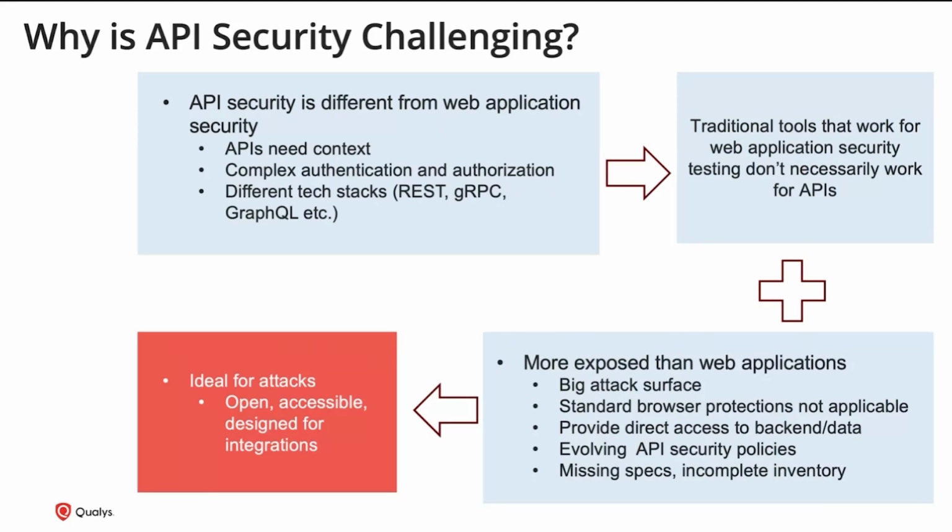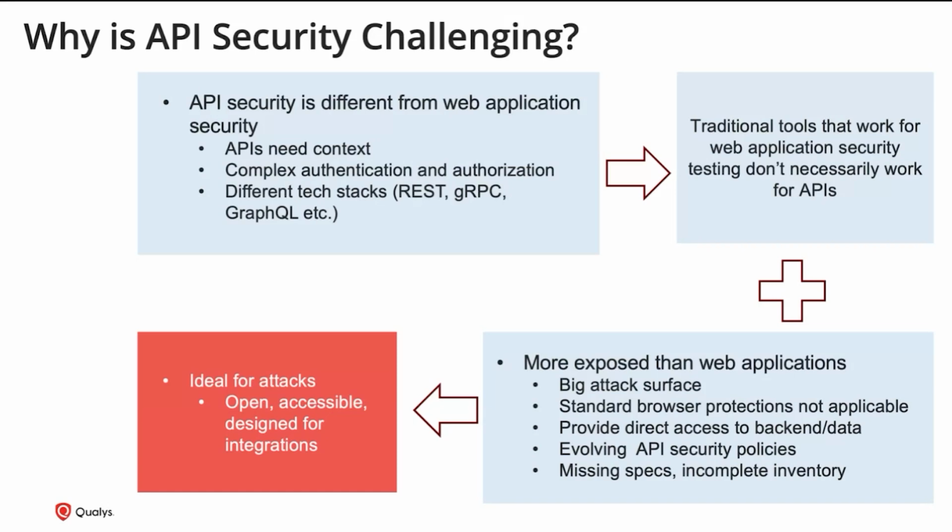Now, looking at the problem from a slightly different angle, APIs present a larger attack surface. A web application or a mobile application, or applications in general, use a lot of APIs. So APIs present a much bigger attack surface. On the other side, APIs don't benefit from a lot of the protections that are there in a browser because users call APIs directly.